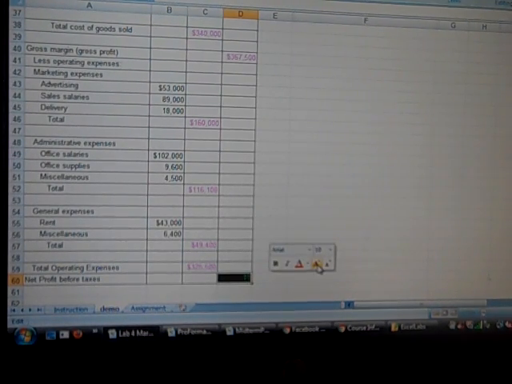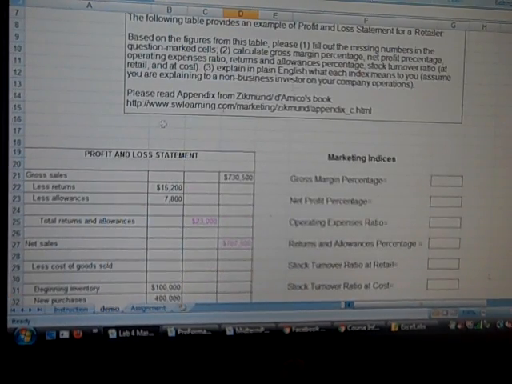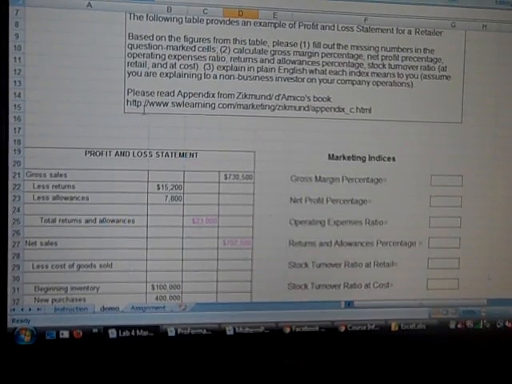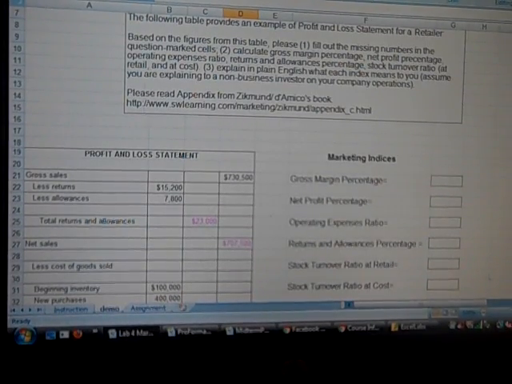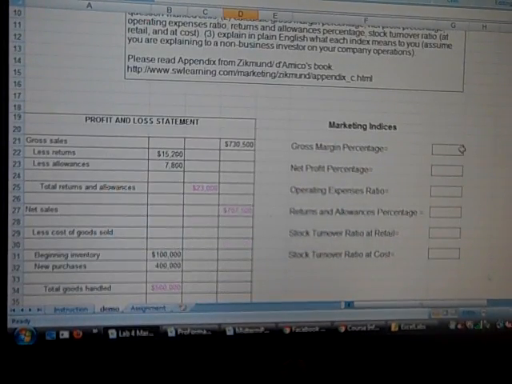And to find your net profit before taxes, you're just going to have your gross margin minus your operating expenses. So this is your gross margin, and then subtract your total operating expenses, and you get 42,000. Okay, so now that we've finished the profit and loss statement, we can go on to tallying up the marketing indices.